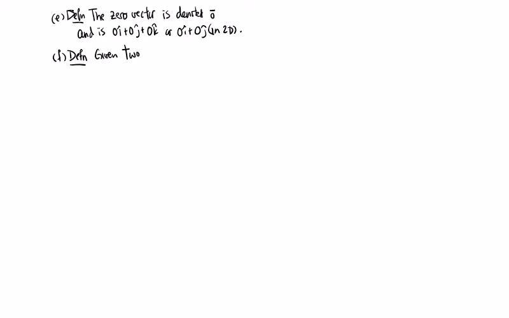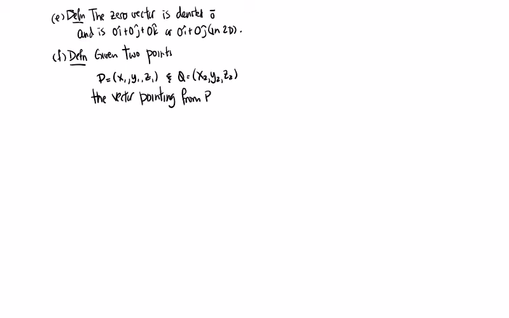Given 2 points, let's say P equals x1, y1, z1, and Q equals x2, y2, z2, we can construct a vector that points from P to Q. This is denoted by PQ with a line over it.